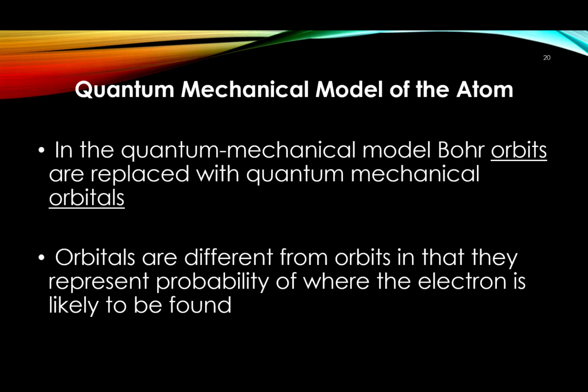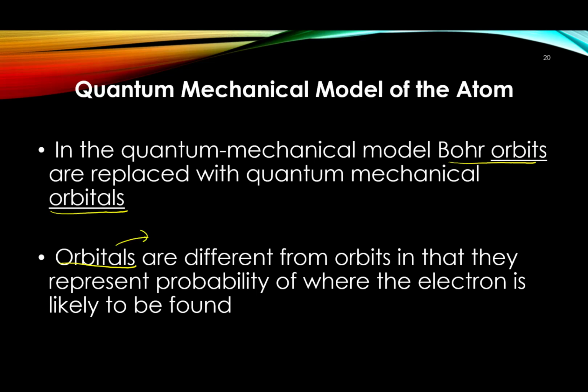Based on the new model, which is the quantum mechanical model, number 1, Bohr's orbit was replaced with orbitals. Instead of saying electrons move around the nucleus in a circular orbit, it was replaced with orbitals. Orbitals are different from orbits.